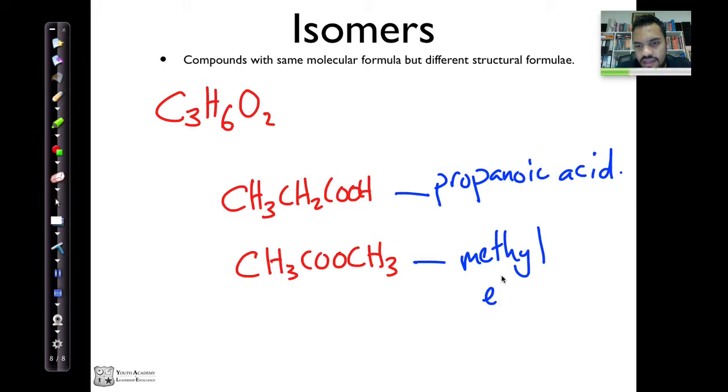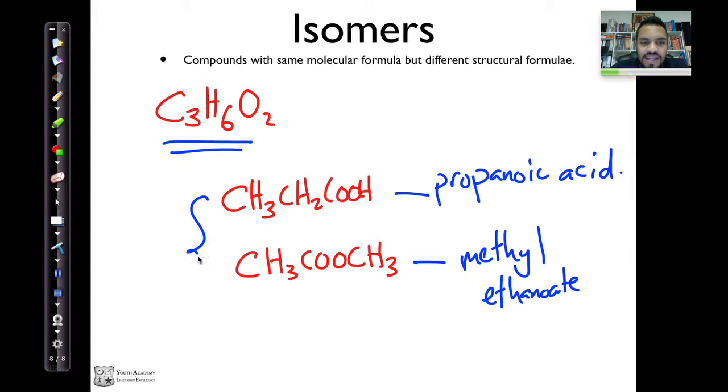This is methyl ethanoate. Now, in each of these, if you count up the number of hydrogens, there's 3, 4, 5, and there's 6. There's 6 hydrogens, okay? And there are 2 oxygens, and there are 3 carbons. In this case, we've got 1, 2, 3 carbons, we've got 3 and 3 hydrogens, which makes 6 hydrogens, and we've got 2 oxygens present.